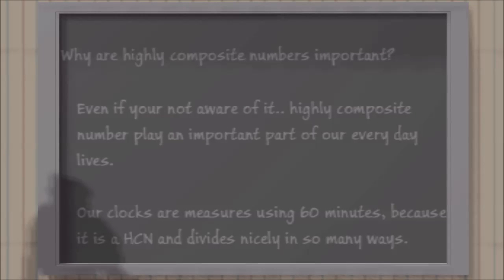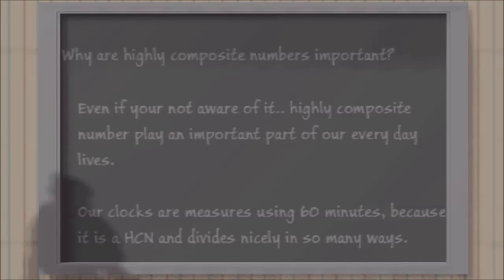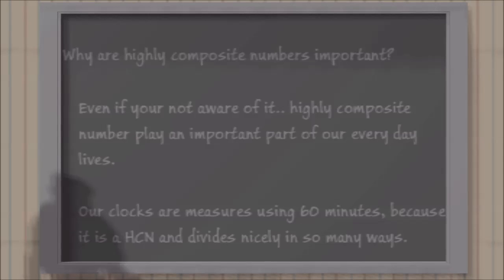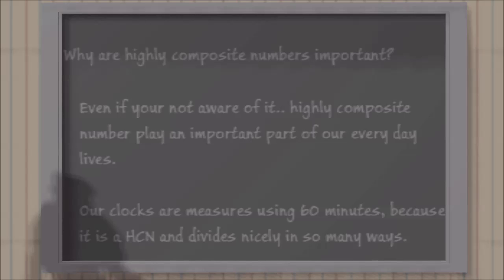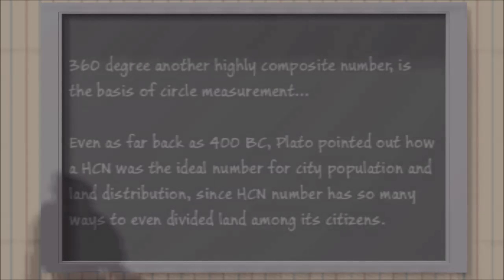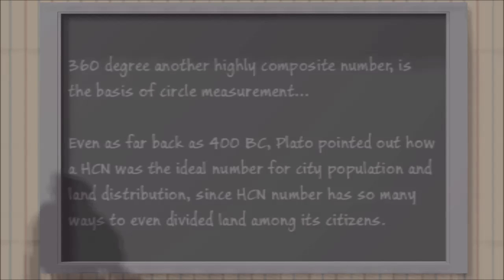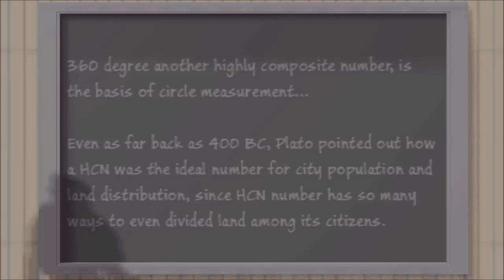Now, why are highly composite numbers important? Well, as it turns out, highly composite numbers play an important part in our everyday lives. Clocks use 60 minutes to measure the time because 60 is a highly composite number. 360 degrees is another highly composite number, and it's the basis of measuring circles, again, because it has so many ways to divide it evenly.